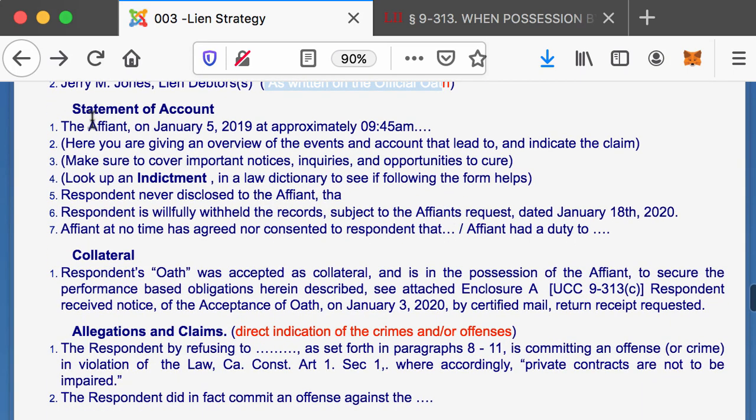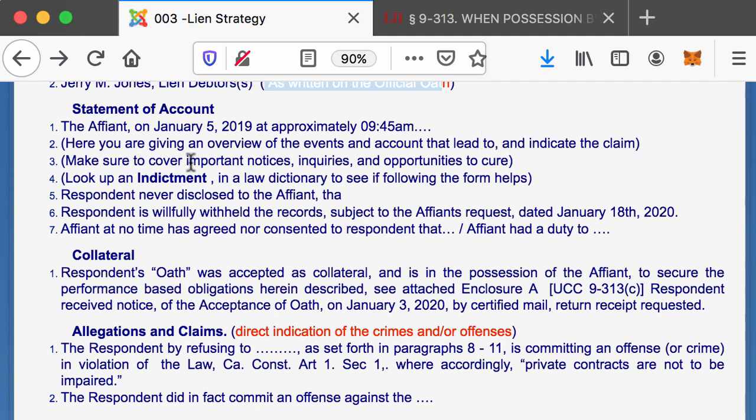And then a statement that the affiant, on January 5th, 2019 at approximately 09:45 a.m. And then I would just be laying out the particular occurrences. Here you are giving an overview of the events and the account that lead to and indicate the claim.